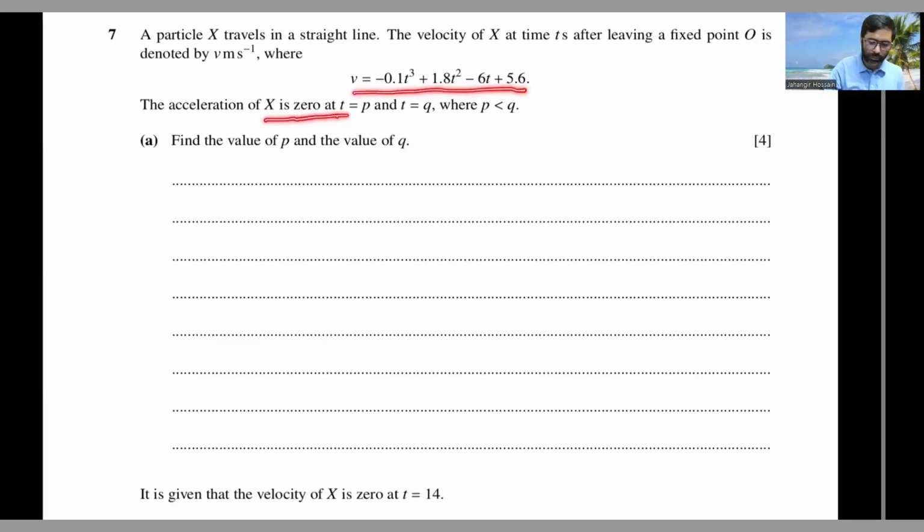The acceleration of X at t equal to p and t equal to q is 0, where q is the larger value and p is the smaller one. You have to find the values of p and q.